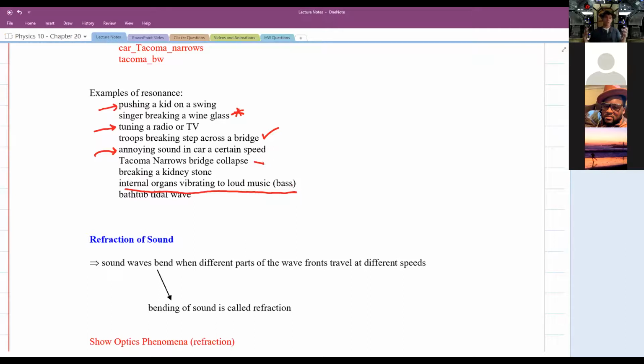So if you're near a speaker that's playing loud bass music and it feels like your stomach and internal organs are vibrating, they are. That sound can actually cause your internal organs to oscillate back and forth, just like a sound wave hitting a glass and causing it to oscillate back and forth.